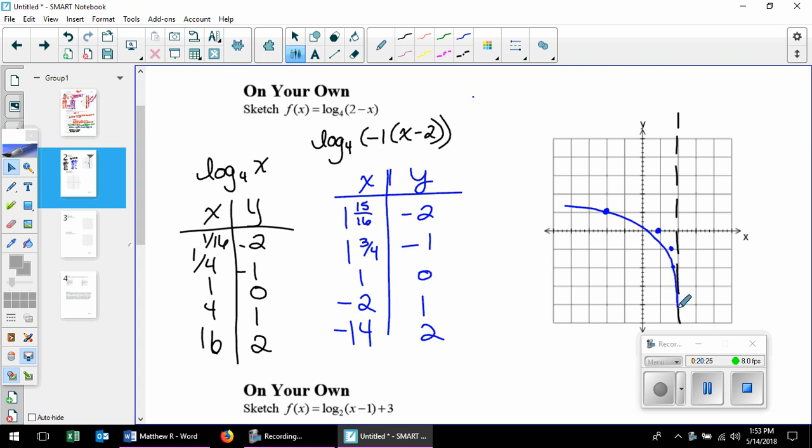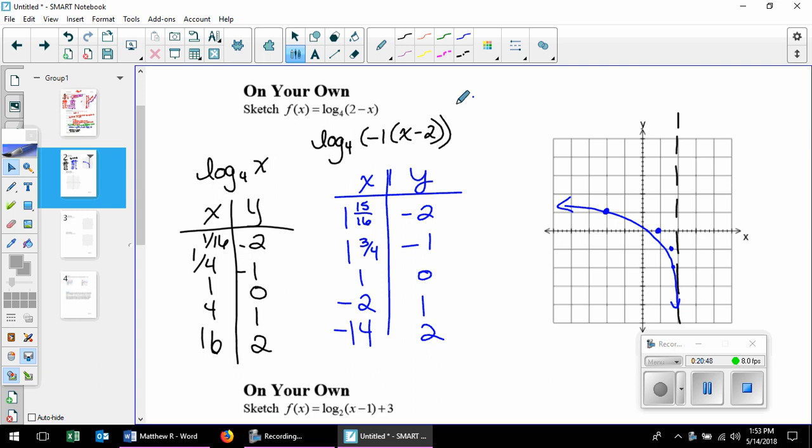Cool. I imagine the graph goes through all those points. That makes sense, everybody? Easy peasy? Yeah. How did I get -10? -2, so it would have been a -4 plus 2 gives me the -2.